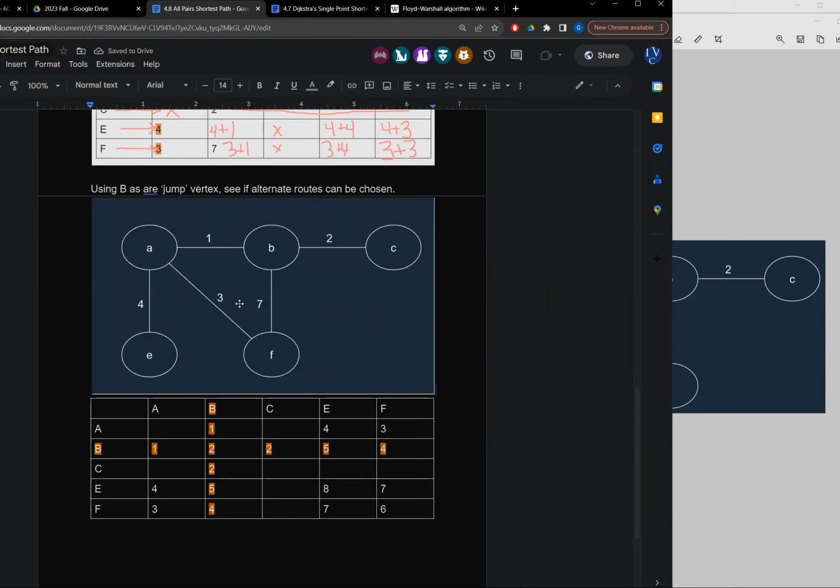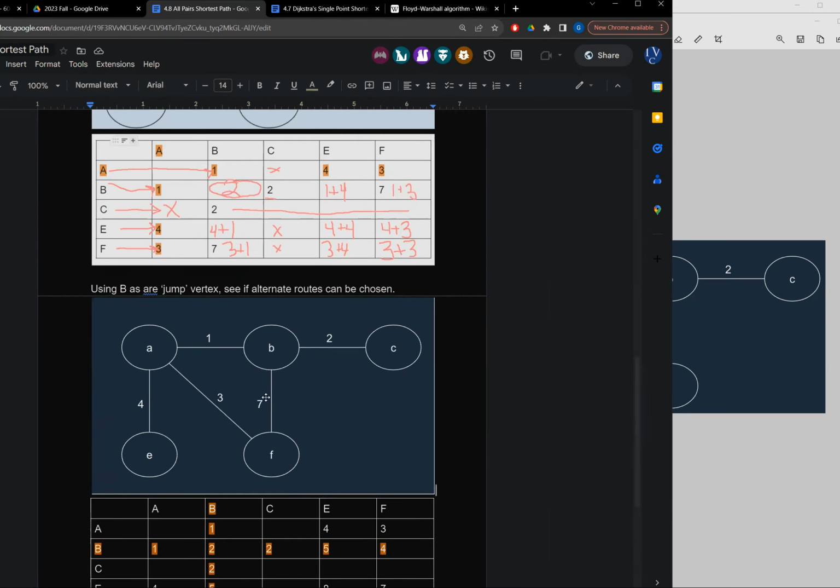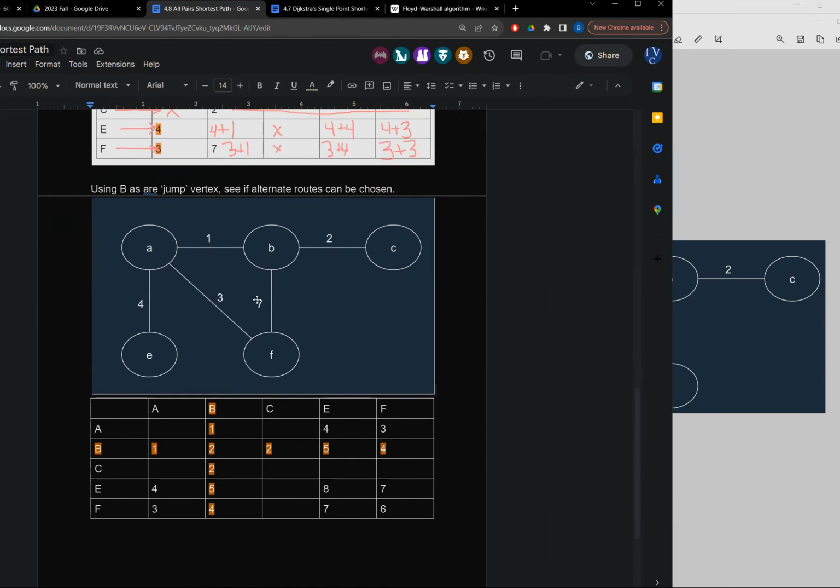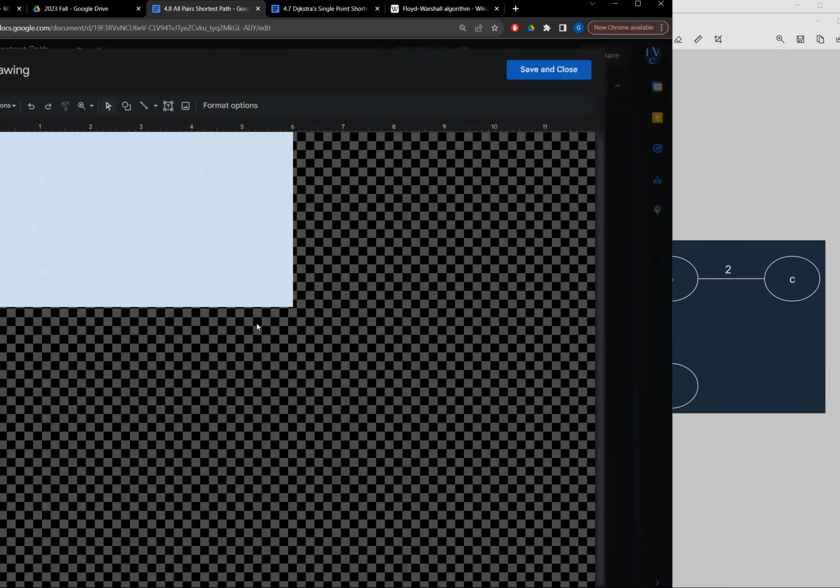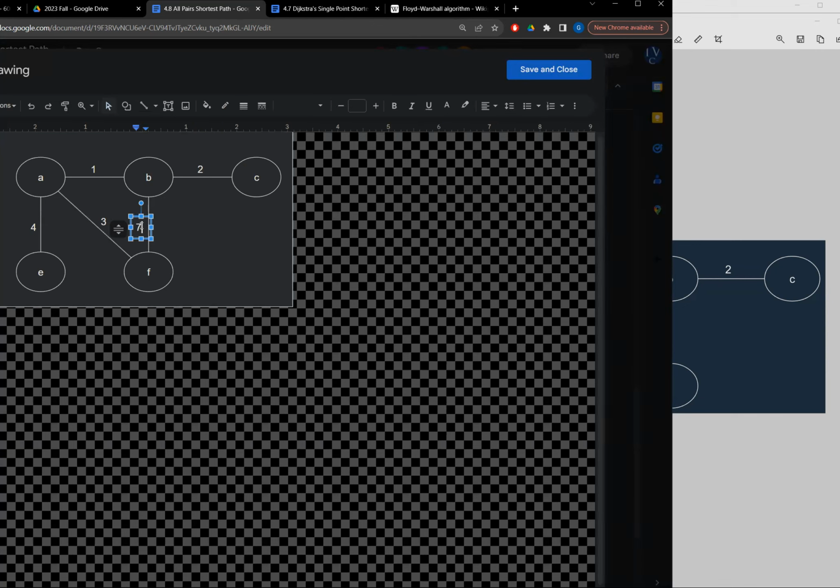Let's update our data here. So B to F is now 4. Since we replaced that data, you now have a 7 path to F, it's not an actual path.